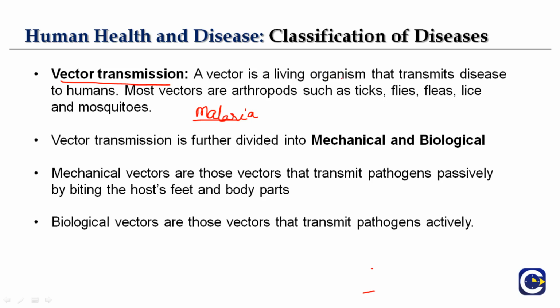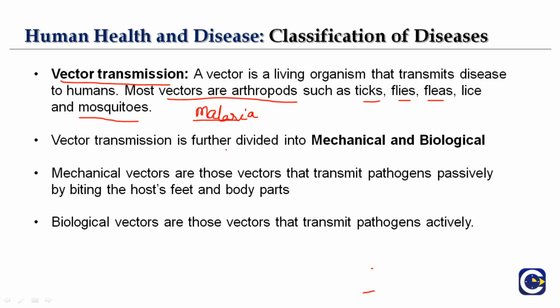A vector is a living organism that transmits the disease to humans. Most of the vectors include arthropods such as ticks, flies, fleas, lice and mosquitoes. So these are the predominant vectors that transfer diseases from an infected to a non-infected person.